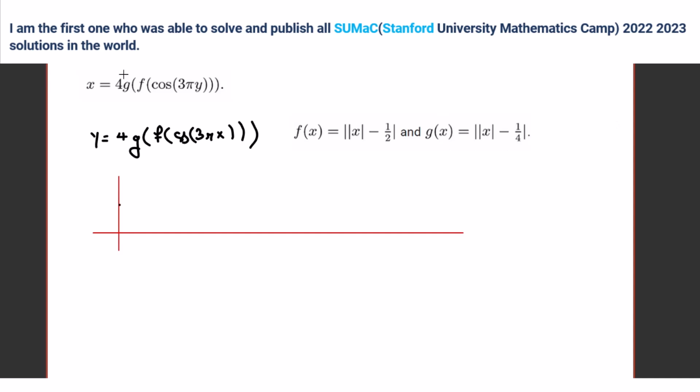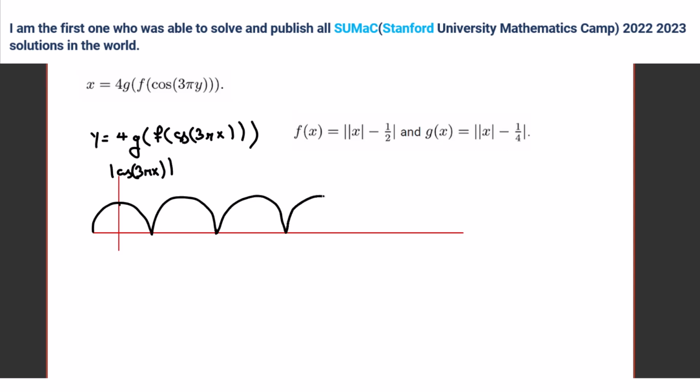For the next one, you should first draw cosine of 3 pi x. It would be something like this. Because we should calculate the absolute value of that, let's start from this one: absolute value of cosine of 3 pi x. Do you agree it would be something like this?